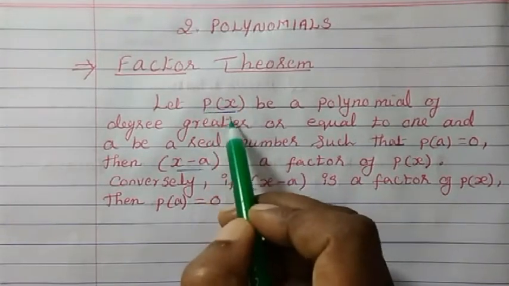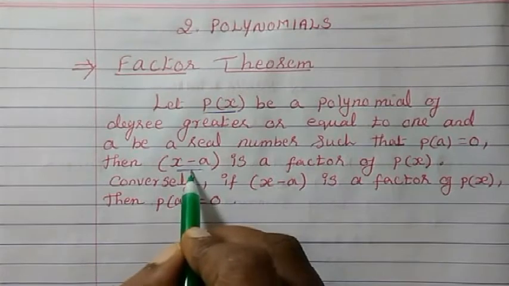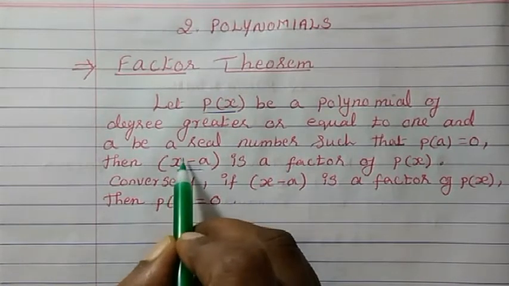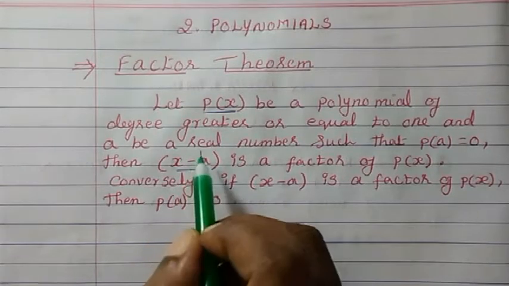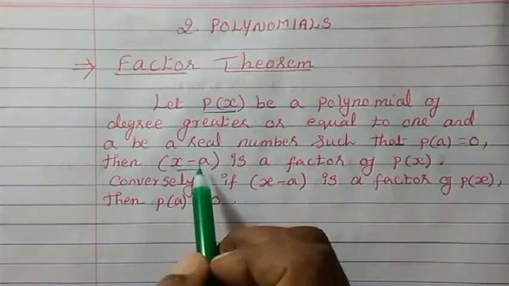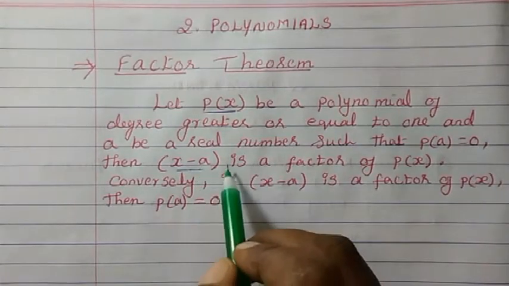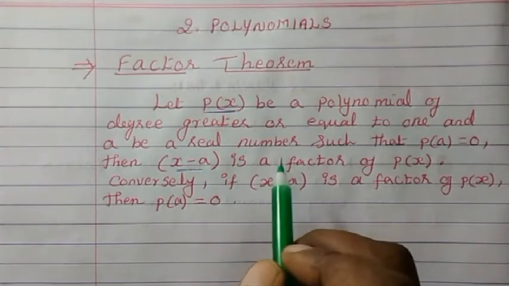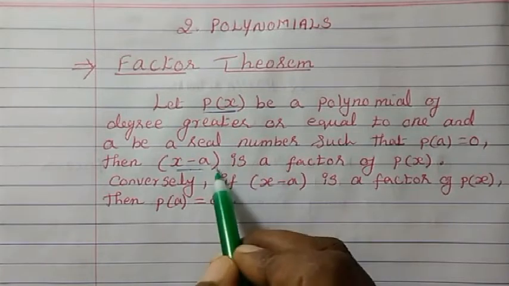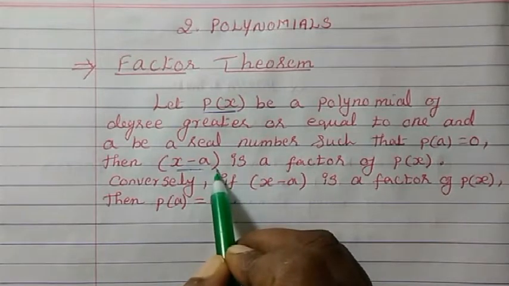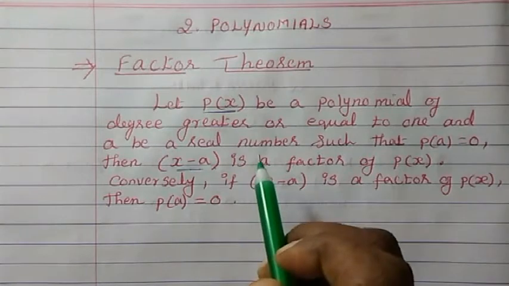So that polynomial, when it is divided by a linear polynomial, means whose degree is 1 only, not more than 1. So when a polynomial is divided by another linear polynomial, then if we get the remainder as 0, then this linear polynomial, we call it factor of that polynomial.